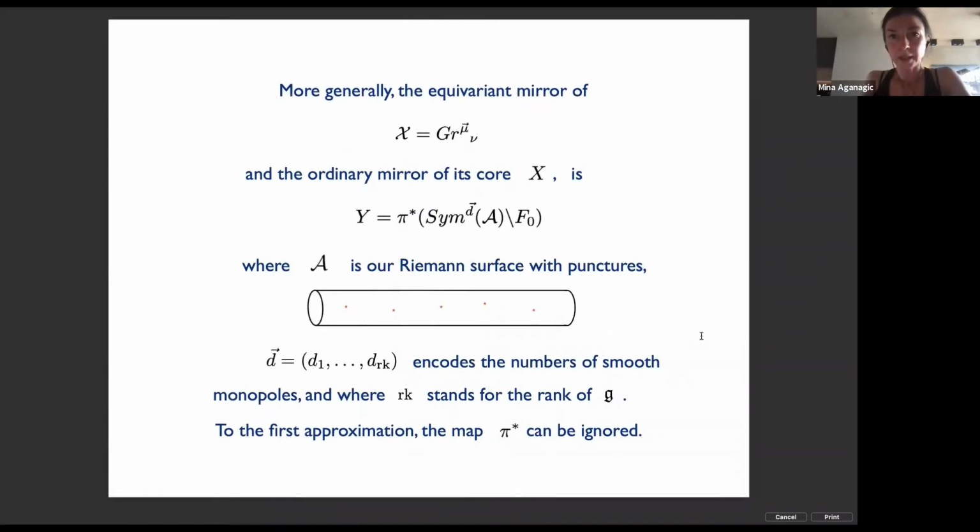More generally, the equivariant mirror of the big X and the ordinary mirror of its core is Y, which is roughly the symmetric product of copies of the Riemann surface with punctures where conformal blocks live, with some locus deleted. To first approximation, this map pi can be ignored.